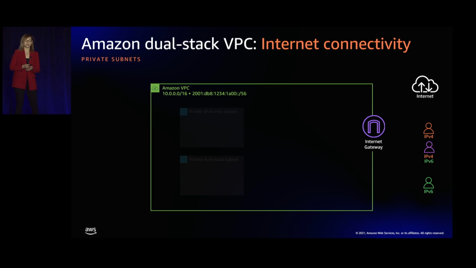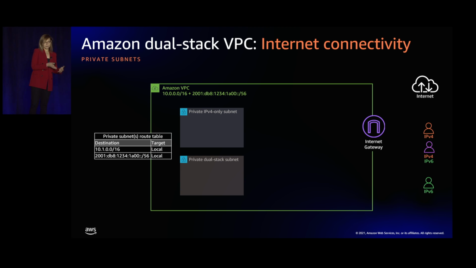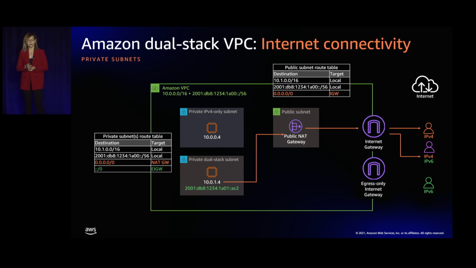The way in which it worked for IPv4 and dual stack is that in the IPv4 stack, we do need the public NAT gateway for IP address translation. So in the IPv4 stack, we're using this NAT gateway. For IPv6, though, we do not need translation, but we do need to keep the same security posture for our private subnets.